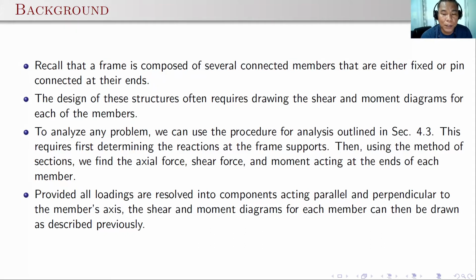The shear and moment diagrams for each member can then be drawn as described previously for beams. Again, when we draw the shear and moment diagram, we need to dismantle the frame into members, and we have to resolve the forces into components parallel and perpendicular to the member's axis.